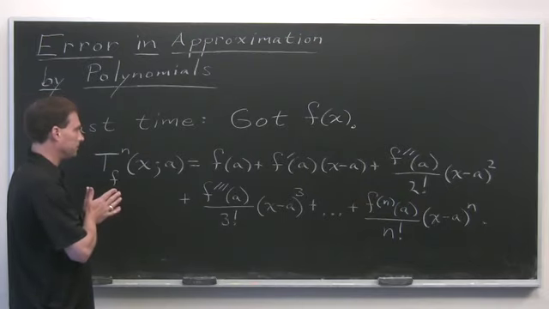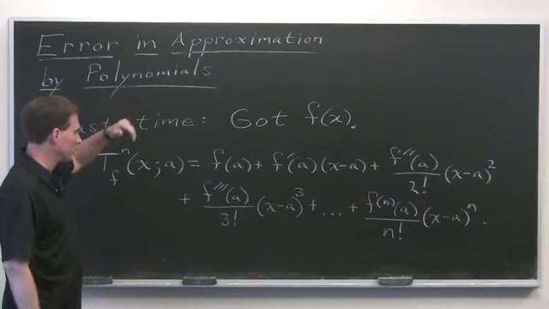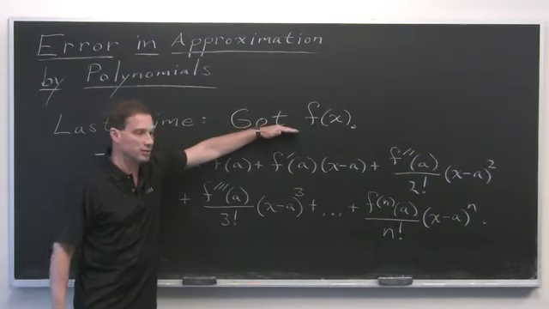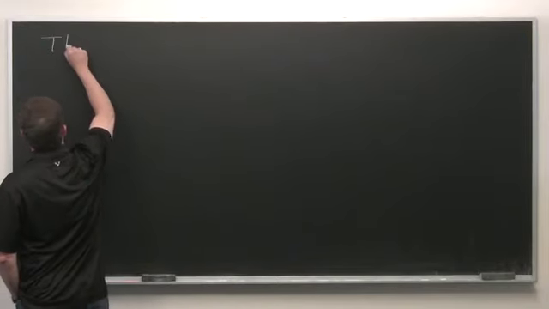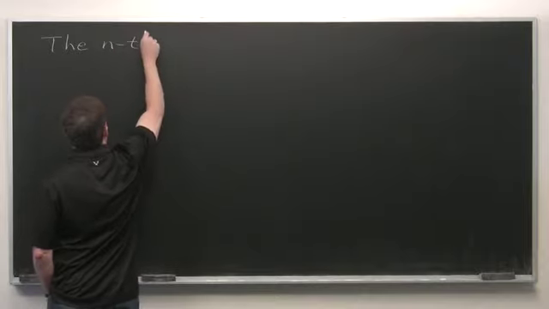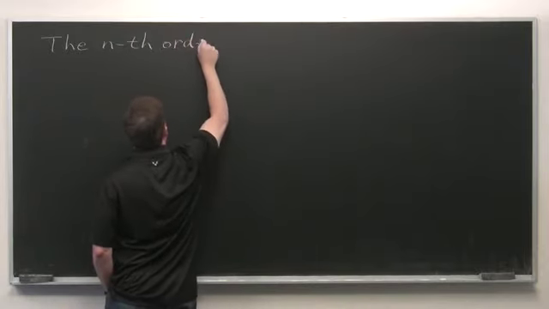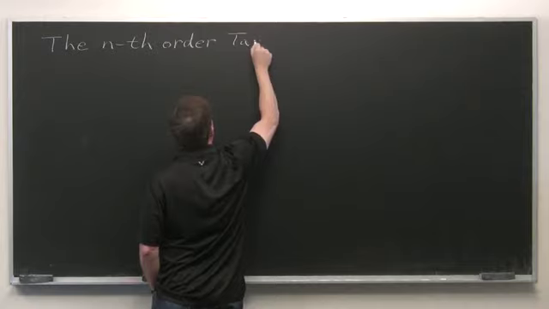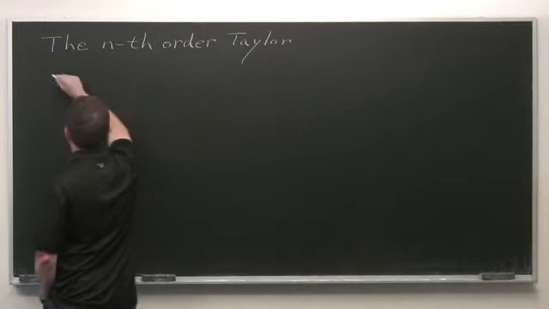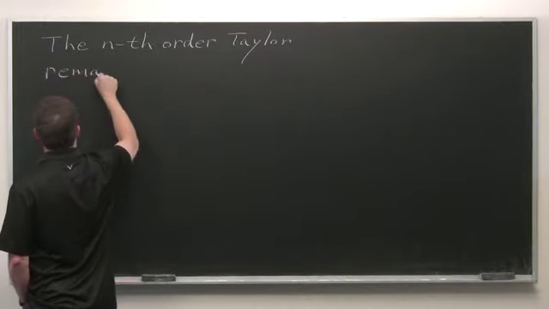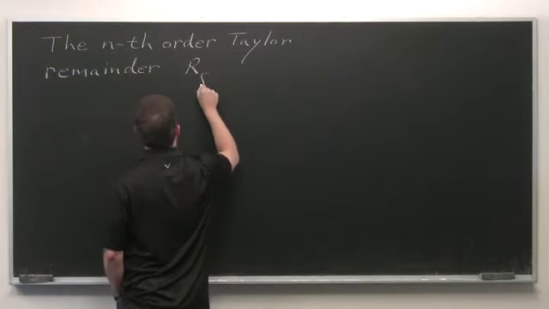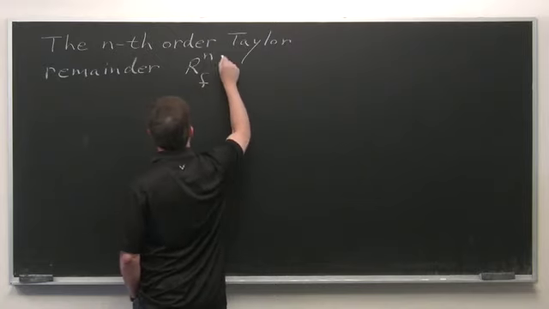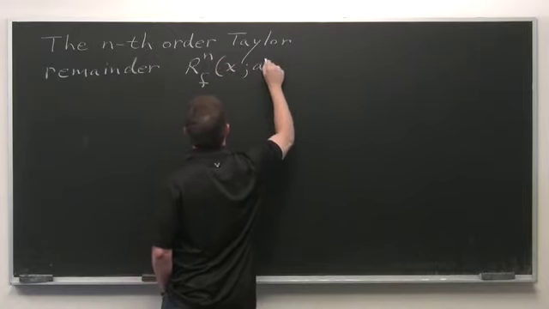So, okay, what's our question? Our question is, how close is this to this? So we call their difference something, the remainder. The nth order Taylor remainder, I'm going to write R, subscripting by f, superscripting by n, put the x, put the a.